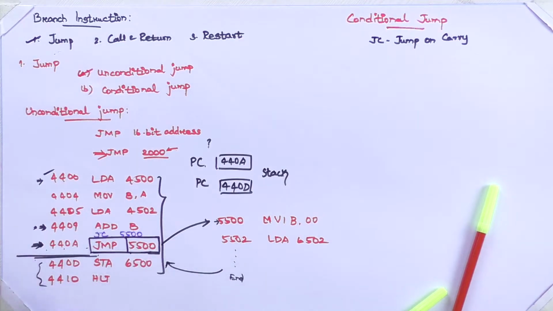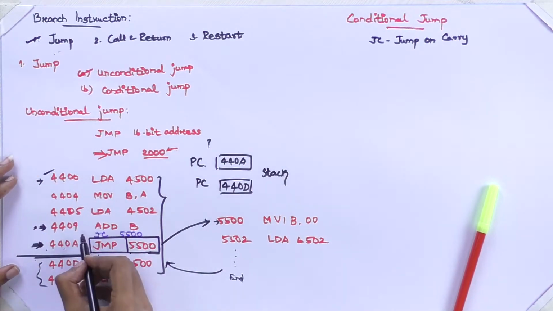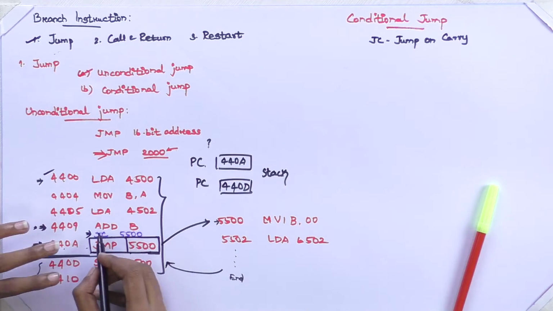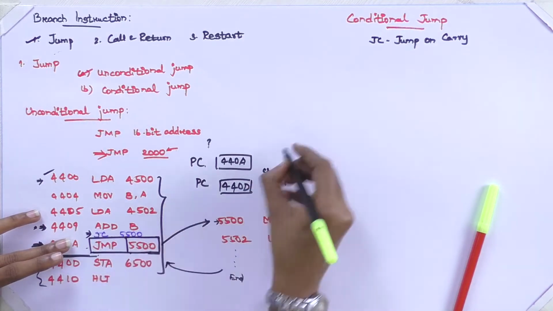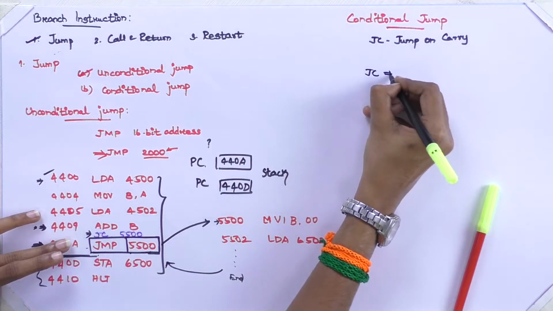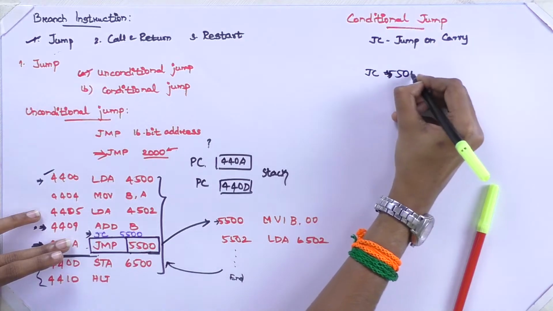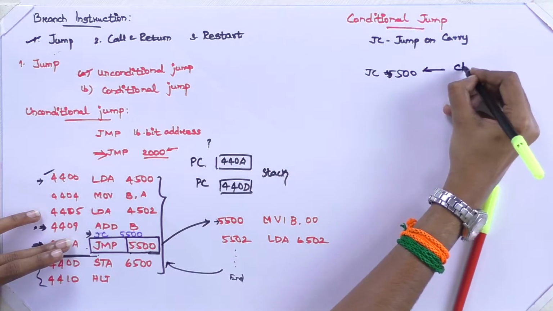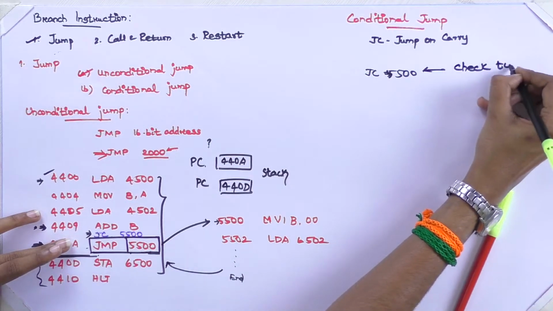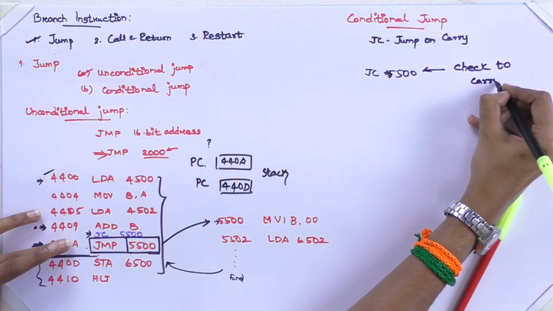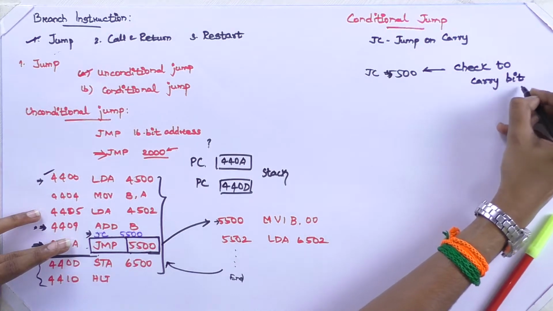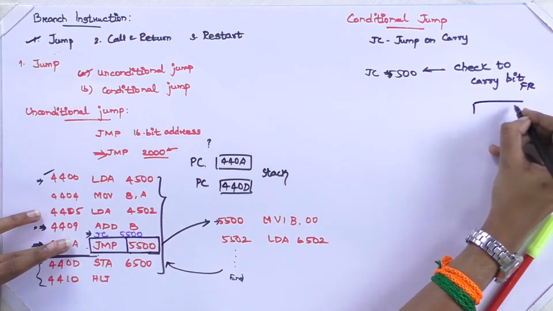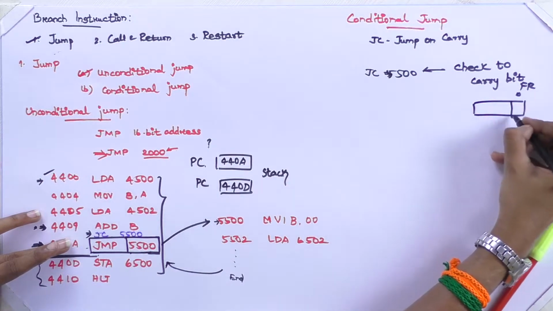When your processor comes to this line, JC 5500, it will check the carry bit in the flag register, which is the 0th bit.